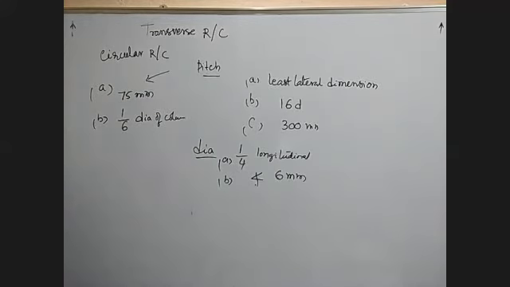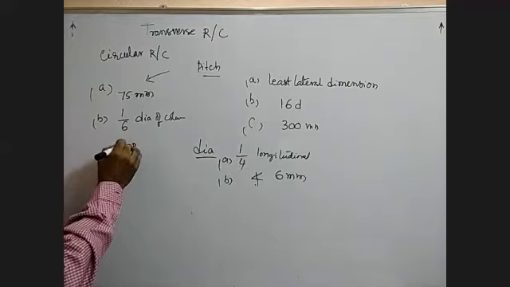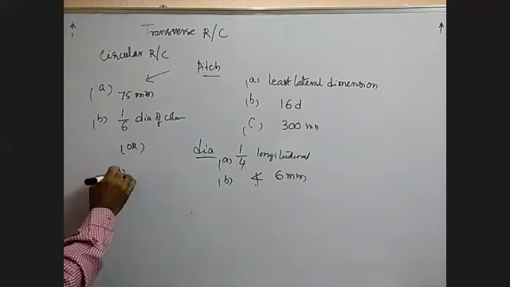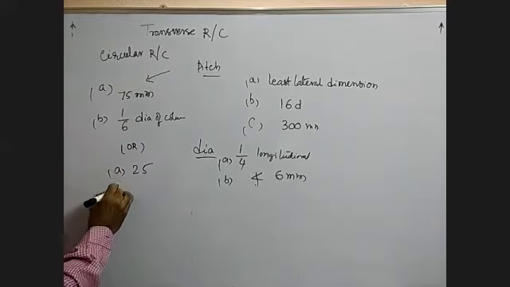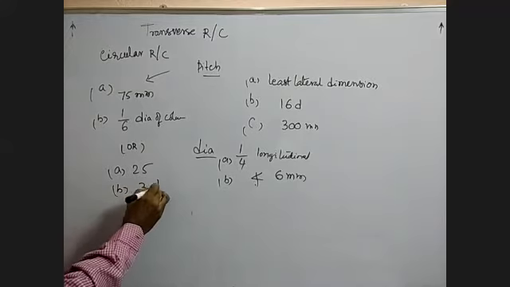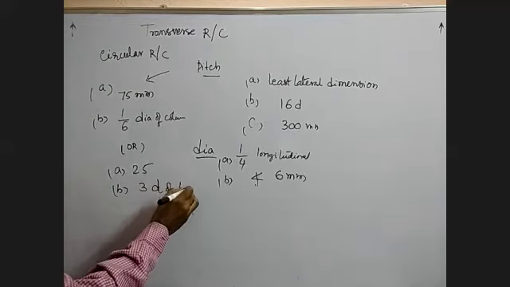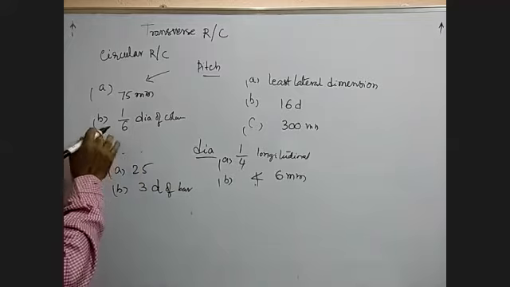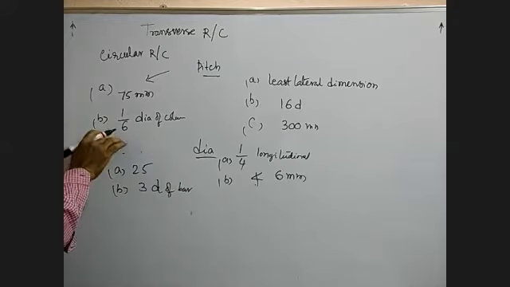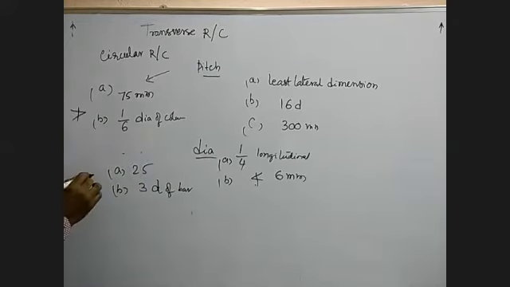And so the pitch of the helical reinforcement shall not be more than the least of these two. And దీనికన్నా ఎక్కువ ఉండకూడదు. ఇంకోటి ఏంటంటే కండిషన్ దీనికన్నా తక్కువ ఉండకూడదు. A is equal to 25 mm and B is equal to 3 times the dia of wire. దీనికన్నా ఎక్కువ ఉండకూడదు. దీనికన్నా తక్కువ ఉండకూడదు.